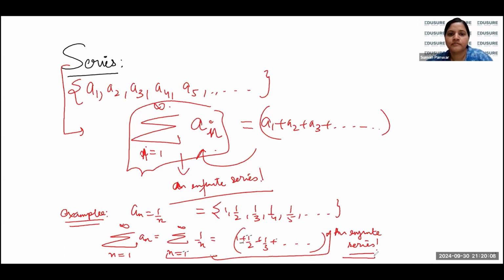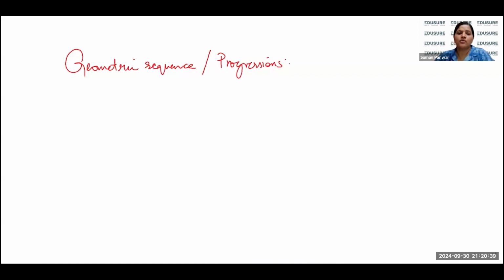One more example. In the last class we studied progressions. So we did these geometric progressions, we can say geometric sequence. And progressions are particular kinds of sequences only. Muskan, I am giving you this example. Now please look at this example very carefully. So what does a geometric sequence look like? A, AR, AR square, AR cube, and so on.